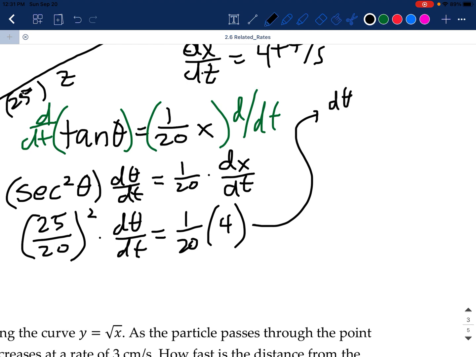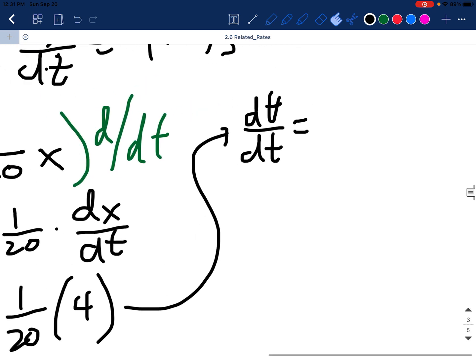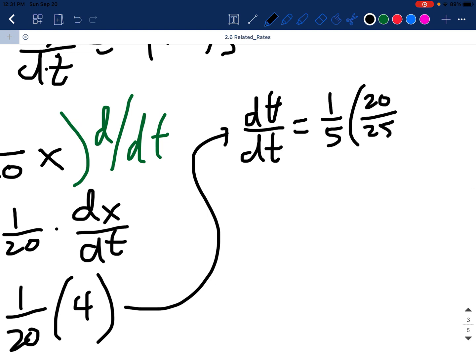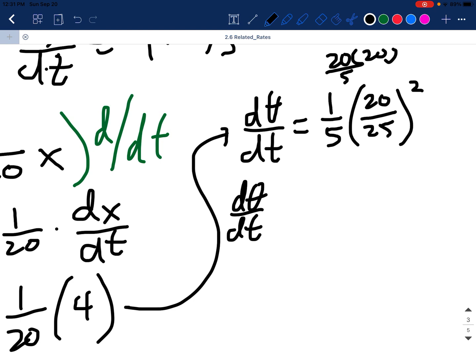We end up with dθ/dt equals, the 1 over 20 times 4 is just 1/5, times 20 over 25 squared. Then we simplify that value. We have 20 times 20, but it's divided by 5, so it's really 4 times 20.